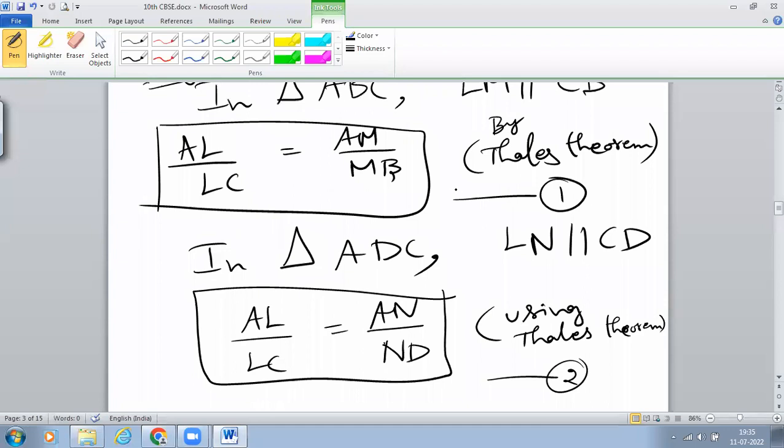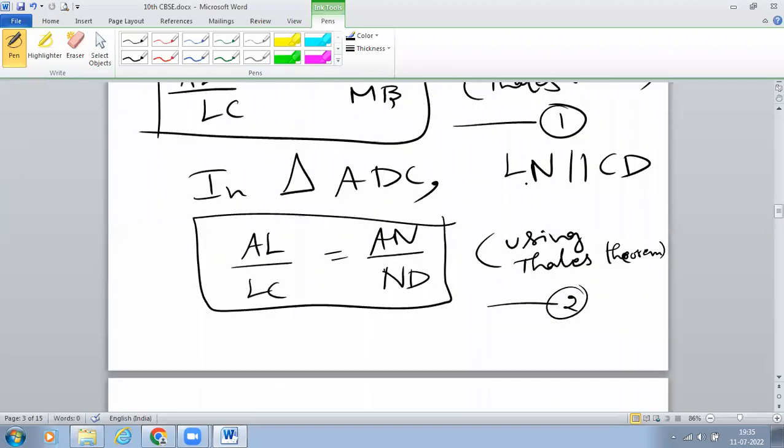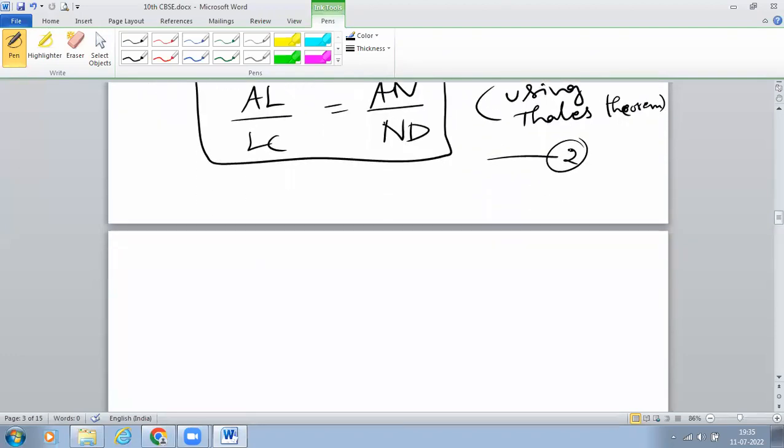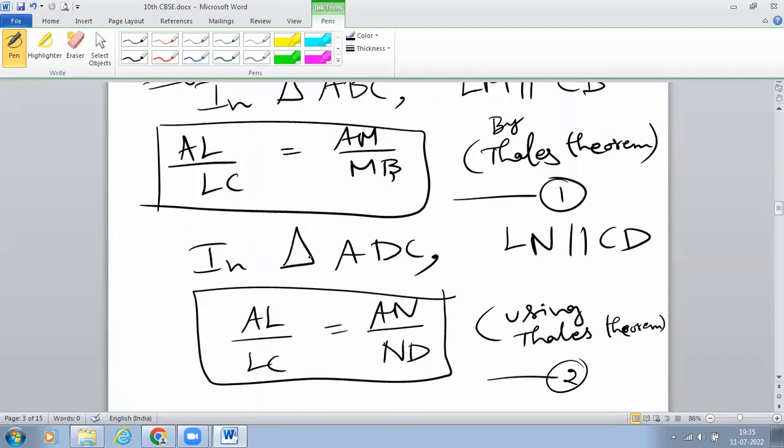Yes, sir. Okay, in two equations, if left hand sides are same, we can equate the right hand sides. So from 1 and 2, since both the equations have the same left hand side, I can equate the right hand side. What is the right hand side of equation number 1? AM by MB.